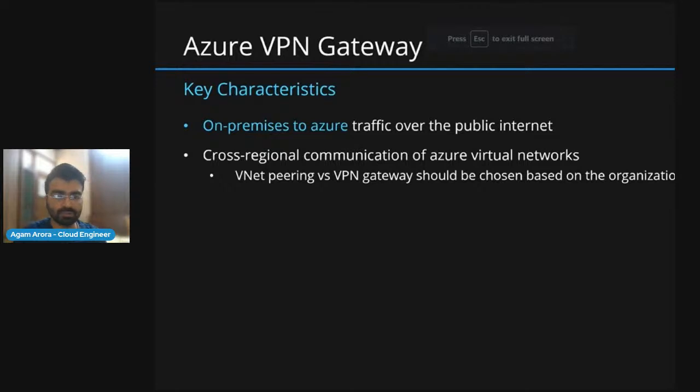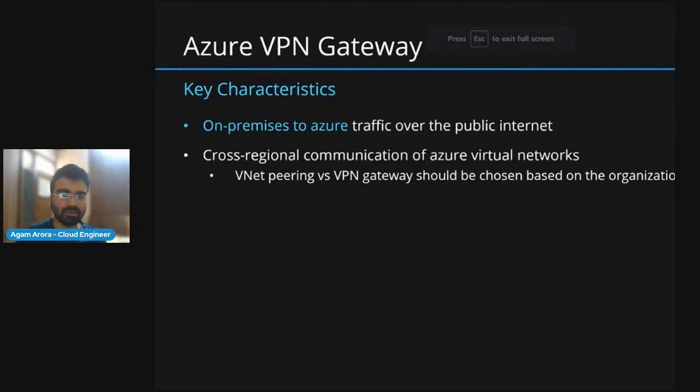Okay, so these are the key characteristics of Azure VPN gateway. One is on-premises to Azure traffic over public internet connectivity, and second is cross-region communication. Here it's a very important point that VNet peering is used if we want to connect two virtual networks in the organization.